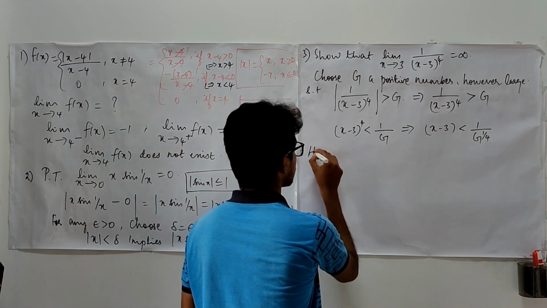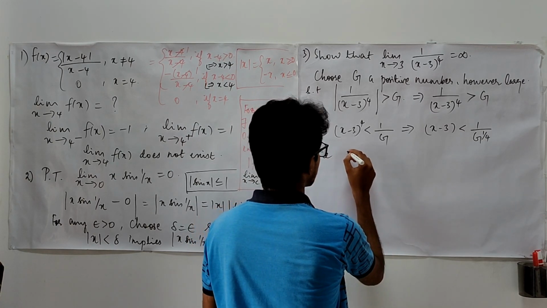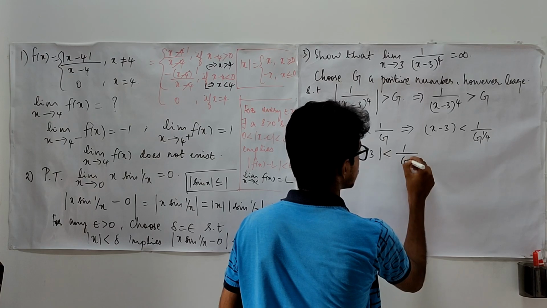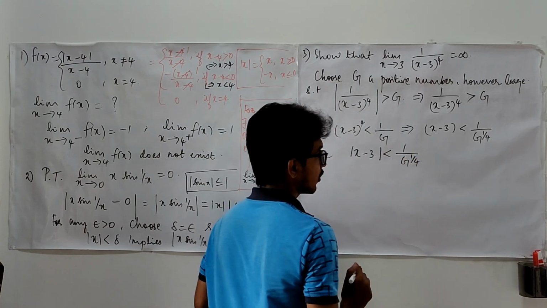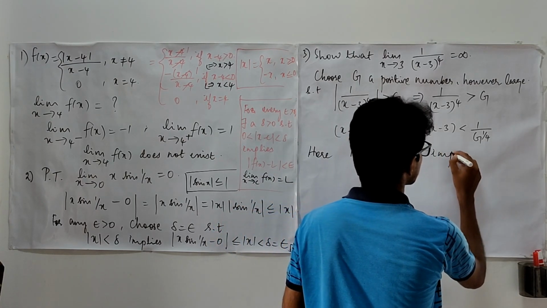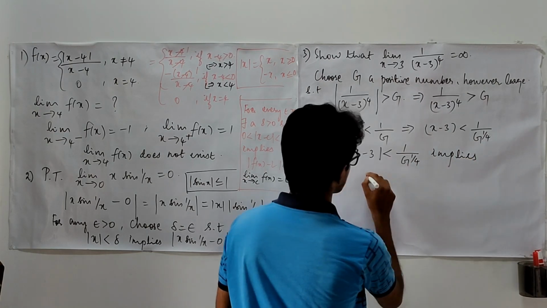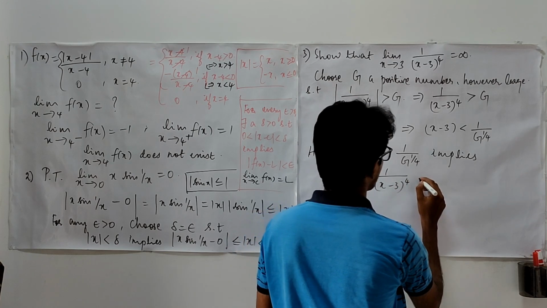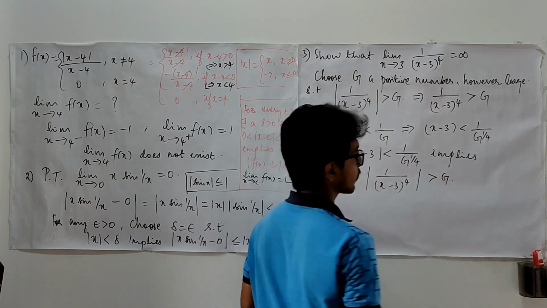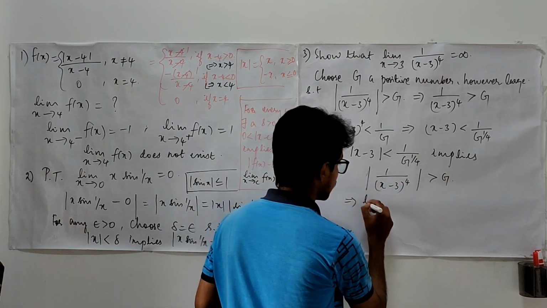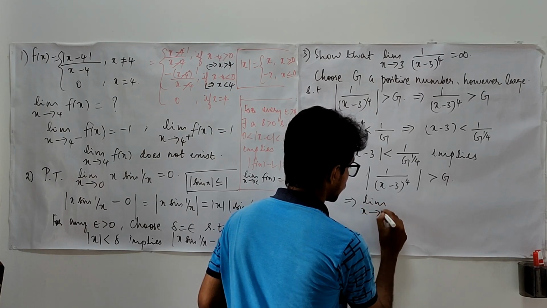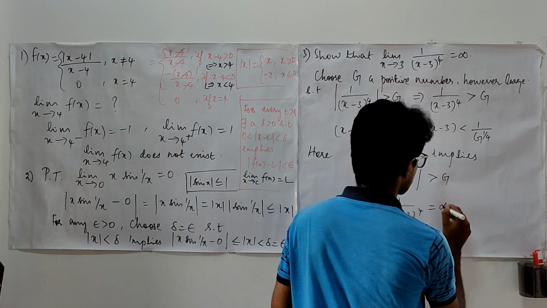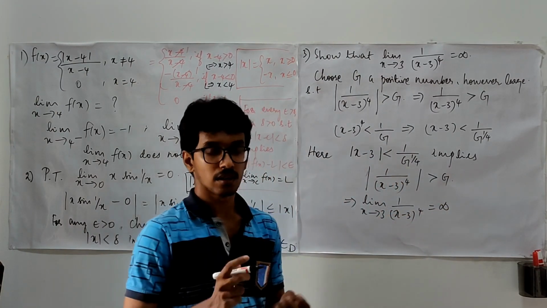Here, absolute of x minus 3 less than (1 upon g) to the power 1 by 4 implies absolute of 1 upon (x minus 3) to the power 4 is bigger than g. This clearly tells you limit x approaches 3, 1 upon (x minus 3) to the power 4 is infinity.